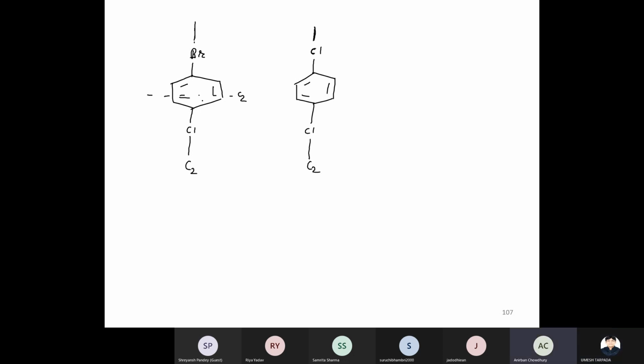Here you can take one. But here you can have 2C2. One is on your side, the second one is here. So here C2 is perpendicular to 2C2.